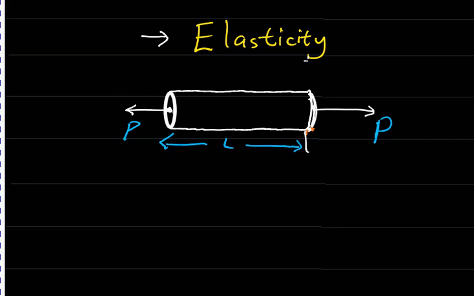Now let me illustrate elasticity using this simple diagram. Here is a material that is pulled sideways by two equal and opposite forces. If this material is being pulled by these forces, then it will extend a bit.